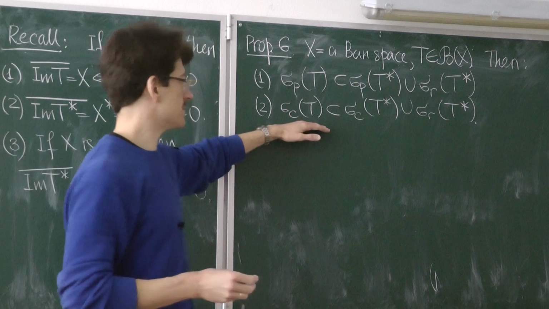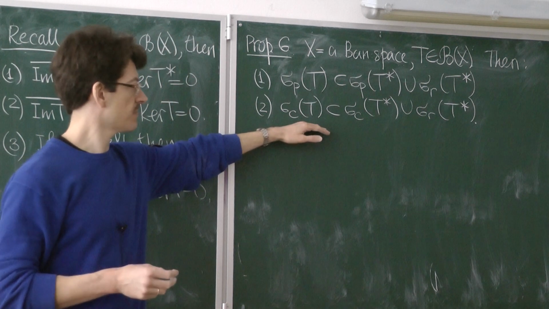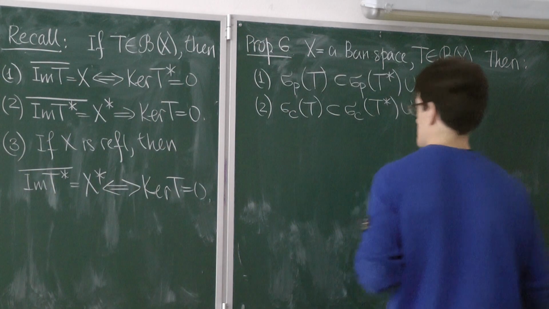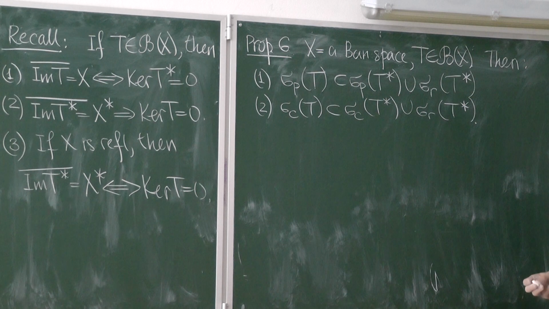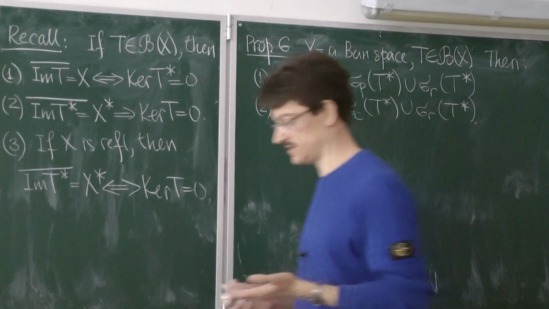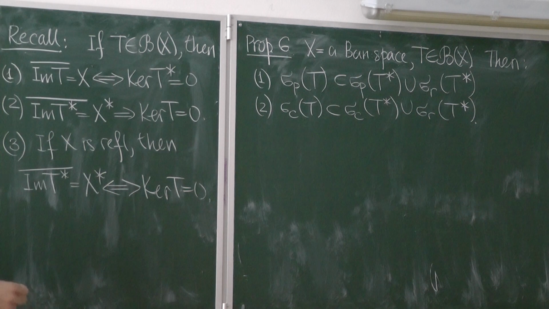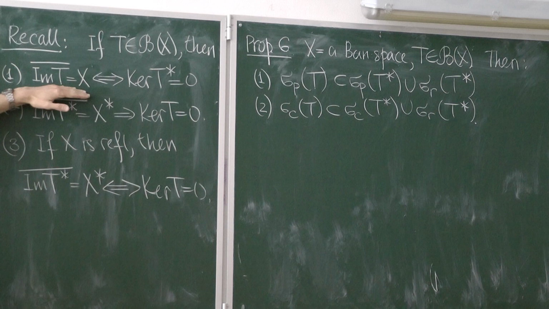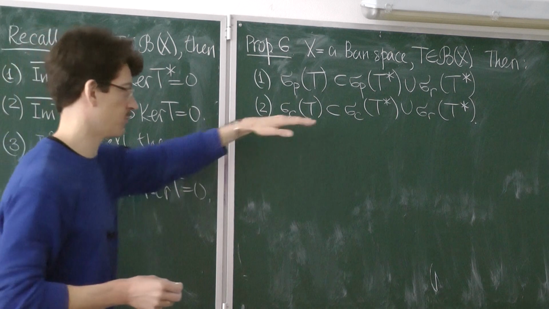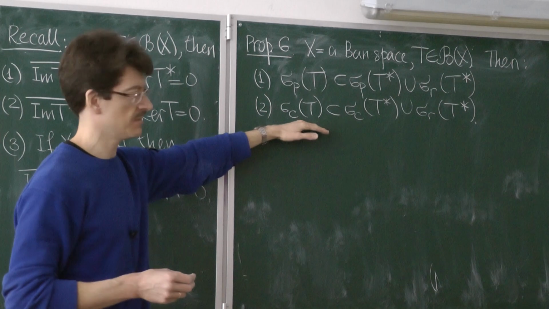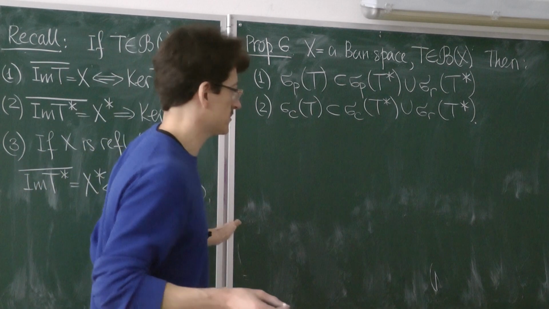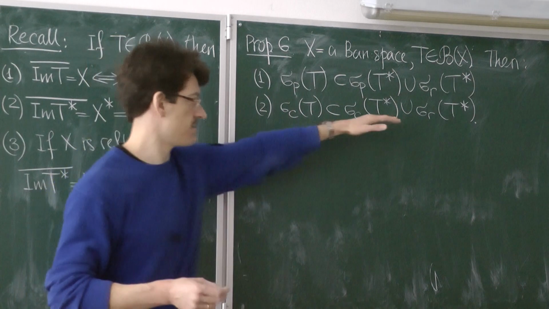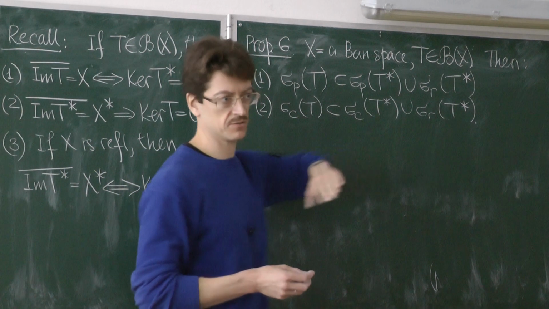If lambda is here in the continuous spectrum of T, if we suppose that it is in the point spectrum of T star, then T star minus lambda has non-trivial kernel. We'll conclude that the image of T minus lambda is not dense in X. This is impossible because lambda was in the continuous spectrum. So lambda is not in the point spectrum, and it is either in the continuous or in the residual spectrum.